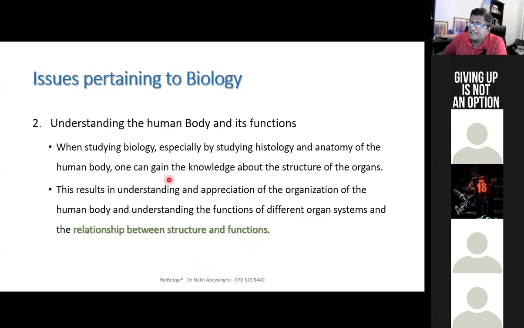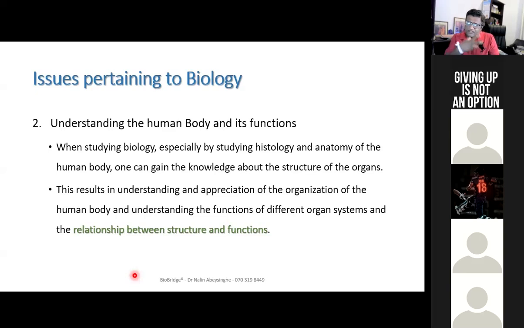So this results in understanding the appreciation of the organization of the human body and understanding the functions of different organ systems and the relationship between structure and function. How the structure is related to the function, right? It's an evolutionary thing. To achieve a particular function, there is a structure.